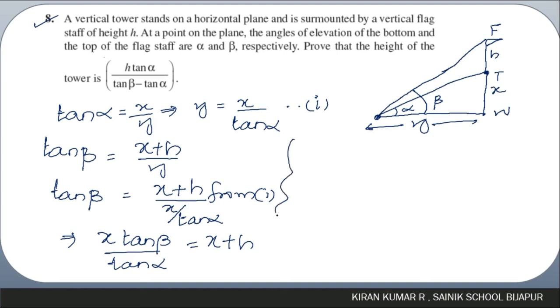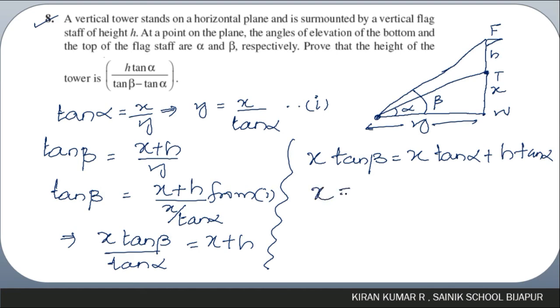Further, I will cross multiply. I'll get x tan beta equal to x times tan alpha plus h times tan alpha. Sorry, I have to take the x term to one side.